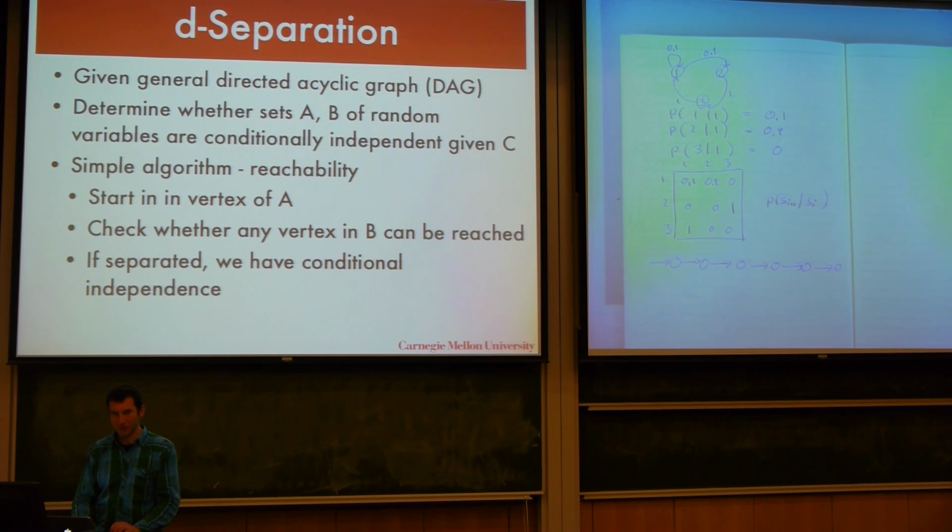You start with a vertex in A, and you try reaching a vertex in B, and you condition on the vertices in C. And if you cannot reach it, for no pairs between A and B, then we have conditional independence.